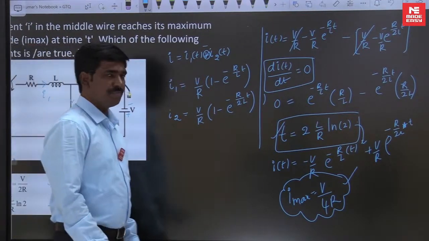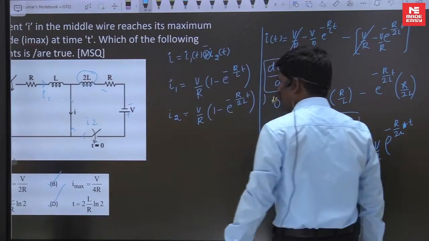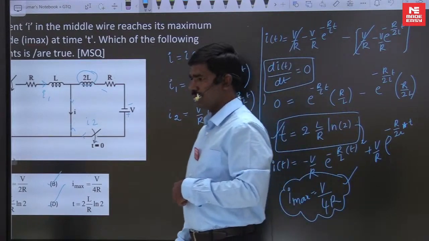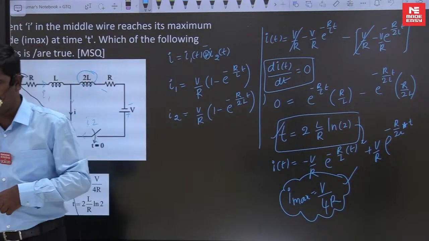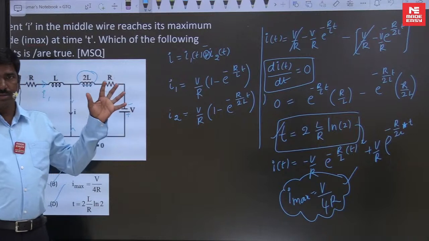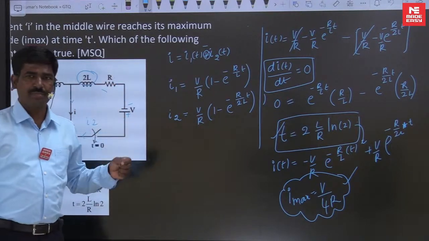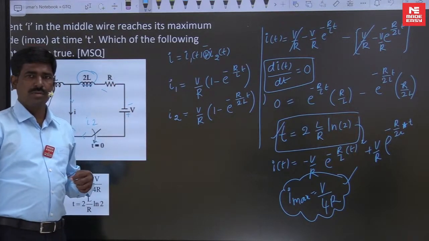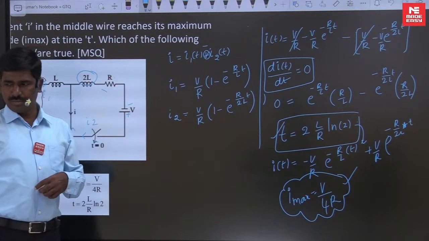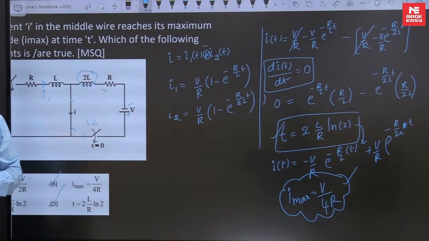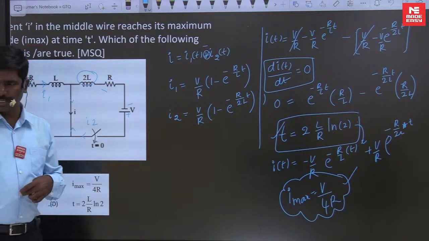Shall I move to the next question? No response. Please give a response now. How is the question? Is the question clear? Did you understand the question? In steady state, do L and C behave as short circuit or open circuit?